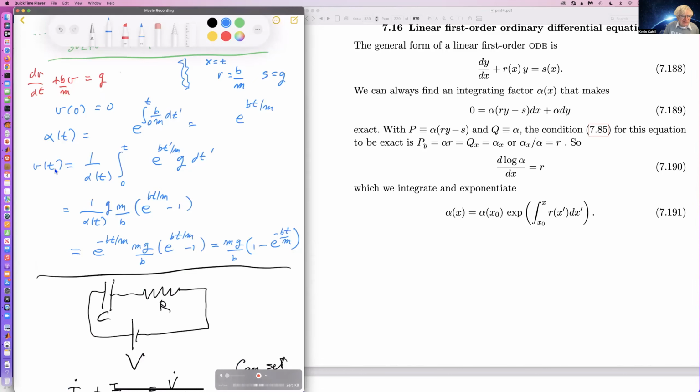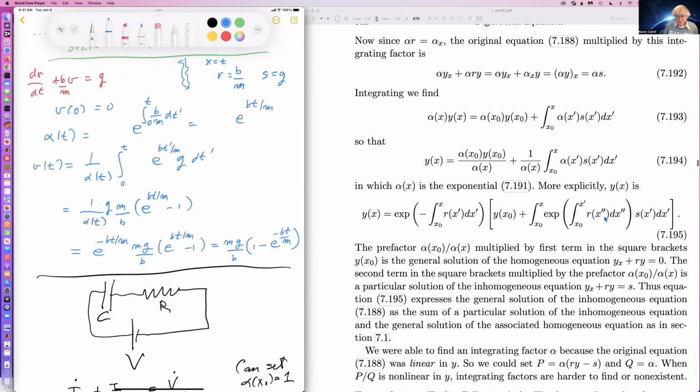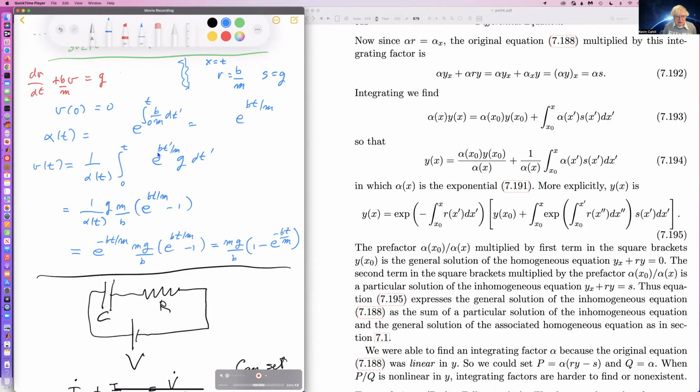And so the recipe is v of t is 1 over alpha of t times the integral from 0 to t of, and what does it say? Well, alpha is e to the bt over m, so it's e to the bt prime over m times s. s is g, so you get g here. You do the integral, you get that, and you can write it in these various forms.